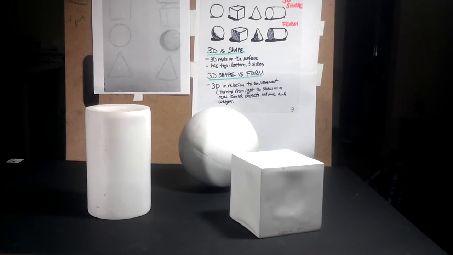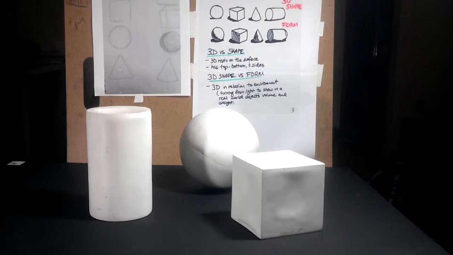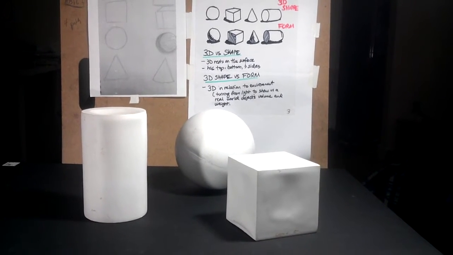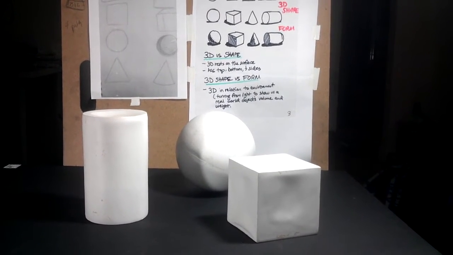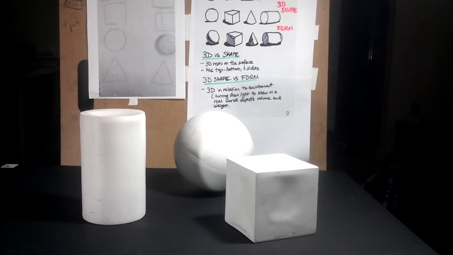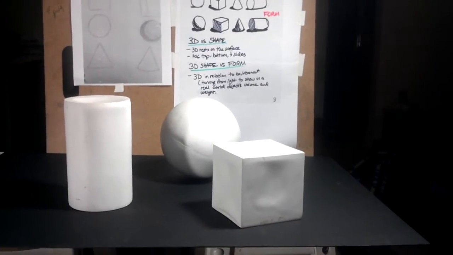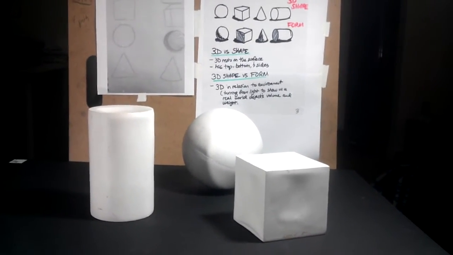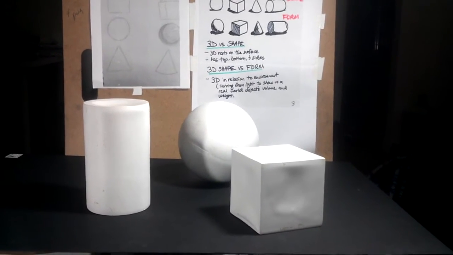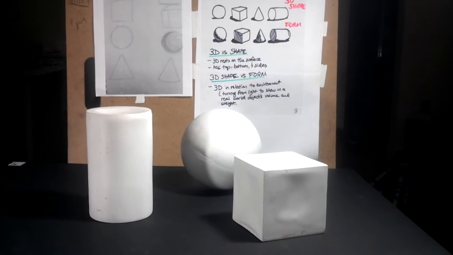Any type of box, a cube is really a box that's all the same sides. So it's really a rectangle. So your cube, your rectangle, your sphere, and your cylinder make up everything.